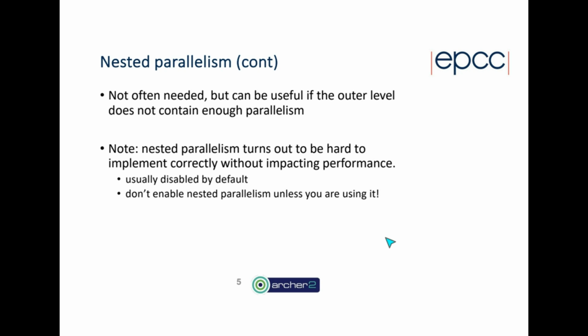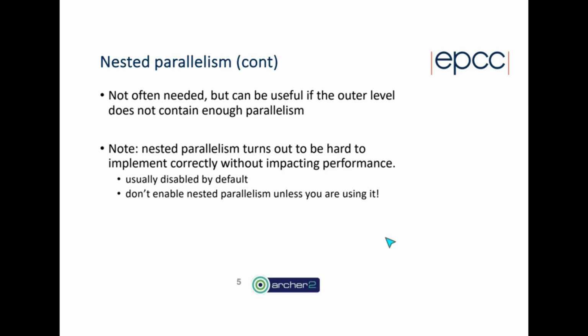So there might be instances where there's a fixed amount of parallelism at the outer level that you can't divide up any more, but we want to use a lot of threads, and we can't get enough parallelism at the outermost level.